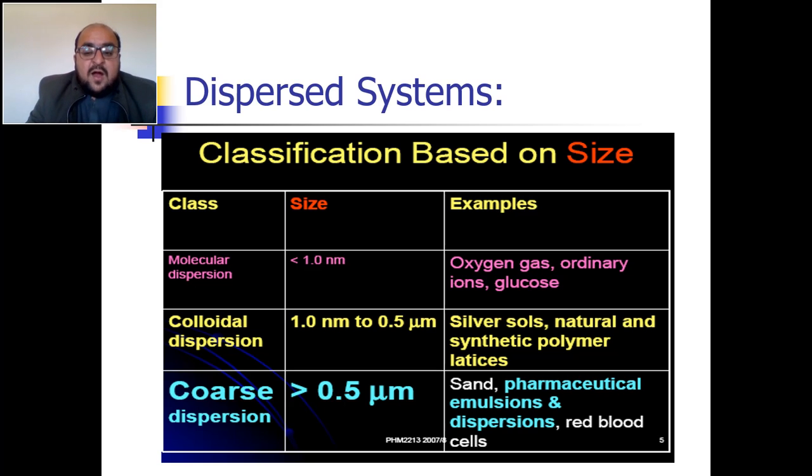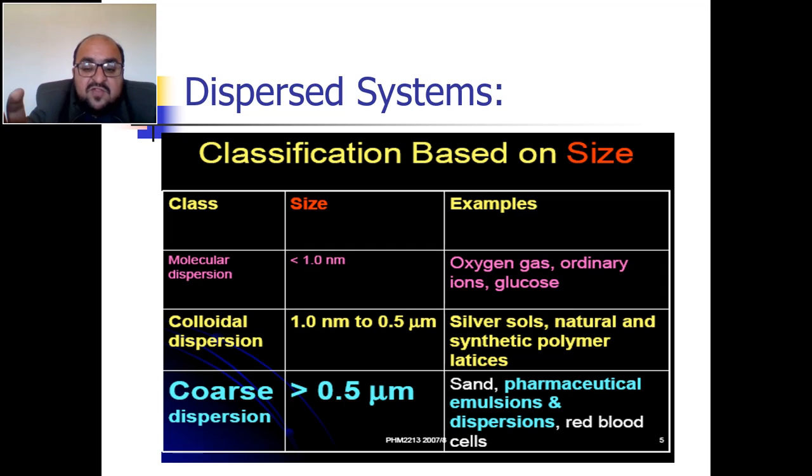In the case of colloidal dispersion, like silver solution and natural and synthetic polymer latex, they can pass through a filter paper but do not pass through a semi-permeable membrane. In colloidal dispersion, the particle size is from 1 nanometer to 0.5 micrometer. While in coarse dispersion, the particle size is greater than 0.5 micrometer.